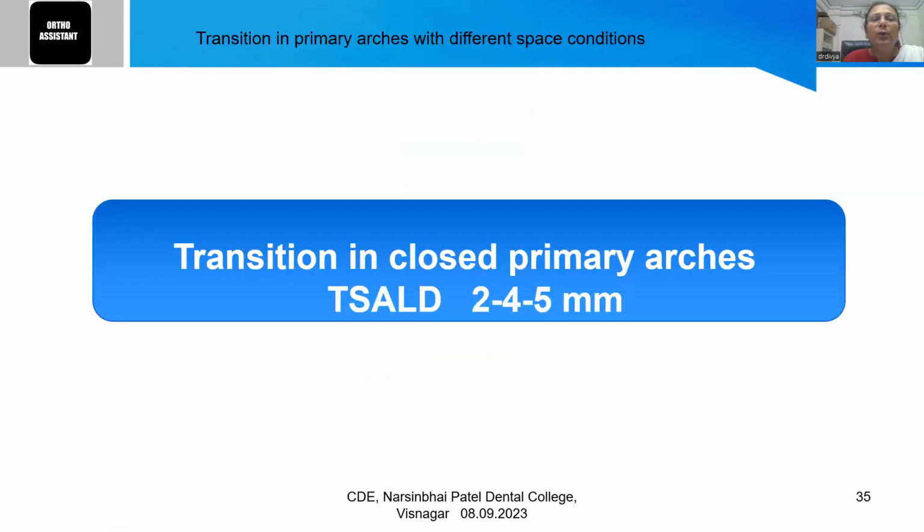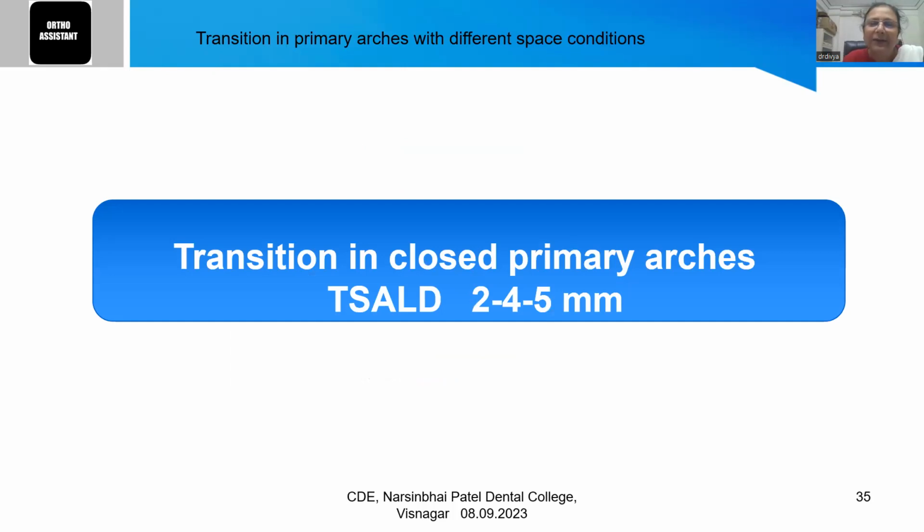Now coming to a more important and very controversial thing, this must be your bread and butter after your MDS: transition in the closed primary arches, which have a TSLD from 2 to 4 or 5 millimeters.